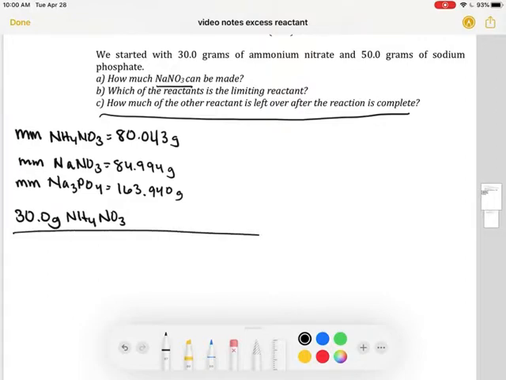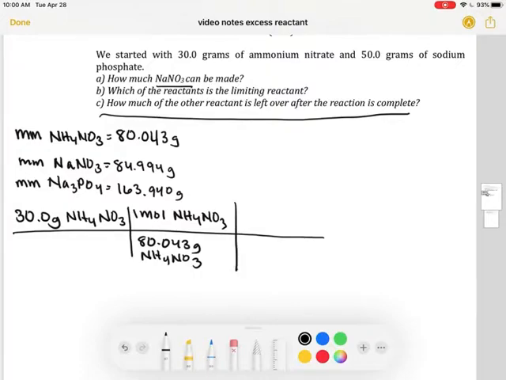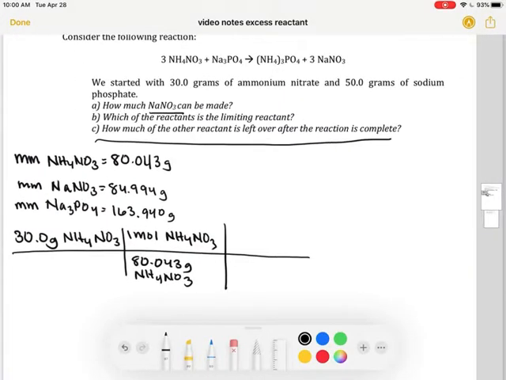So first we're going to get rid of grams. In 1 mole of ammonium nitrate, there are 80.043 grams of ammonium nitrate. And if we look for our mole ratio to switch over, it's a 3:3 ratio. So I'm not going to simplify it.